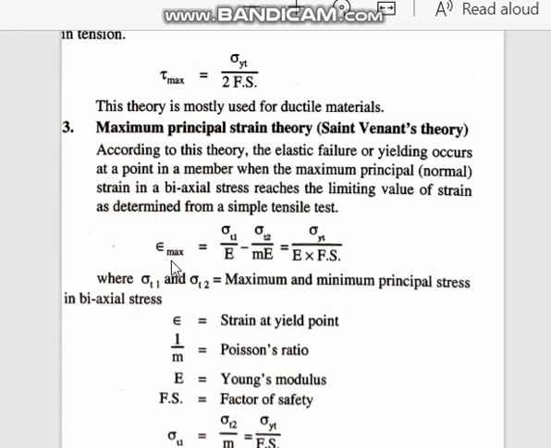Strain is given by this epsilon maximum, which is equal to sigma t1 upon capital E minus sigma t2 upon m E, like this.